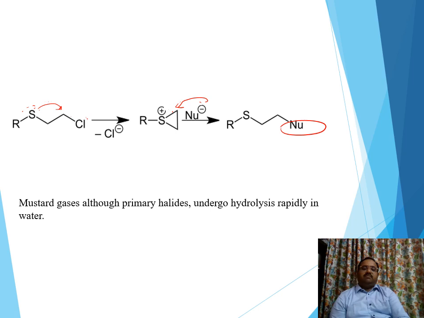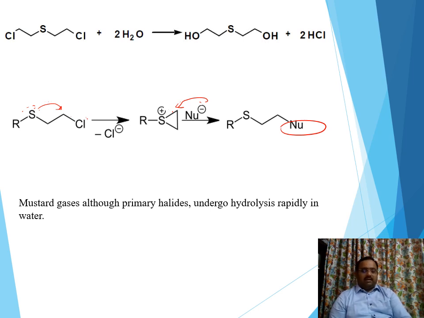Mustard gases are primary halides which rapidly undergo hydrolysis in the presence of water.